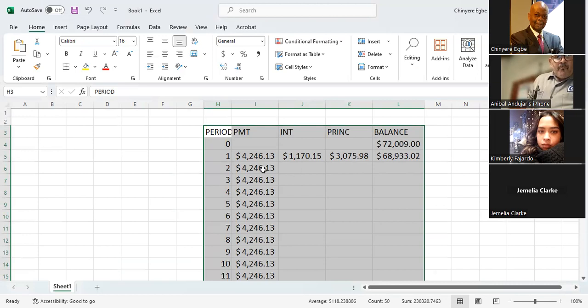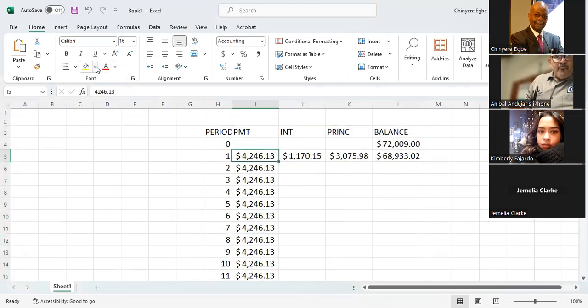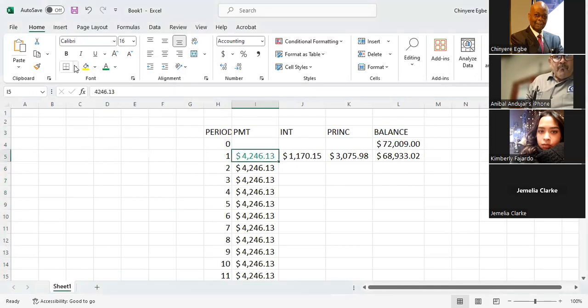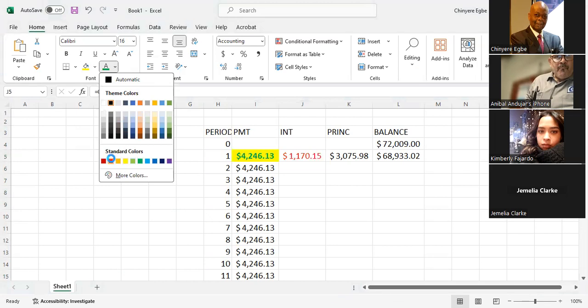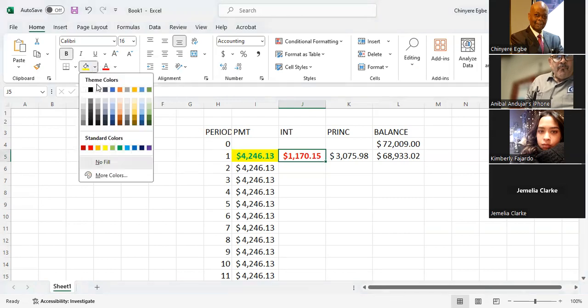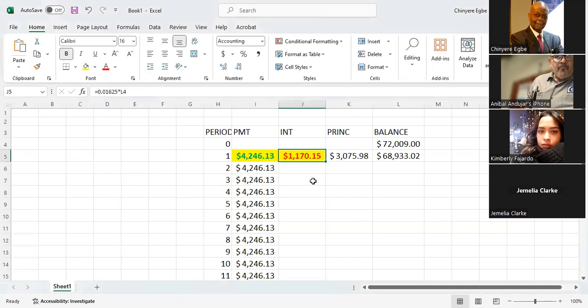That's how much you pay. The bank takes 1,170 as interest.